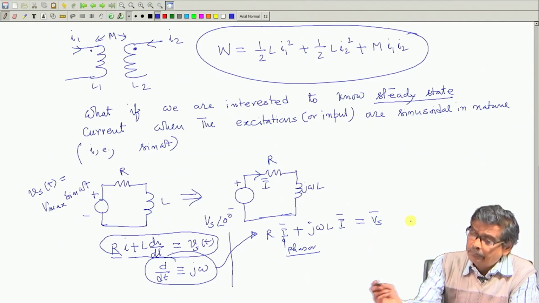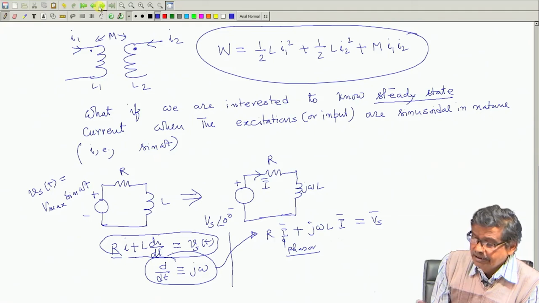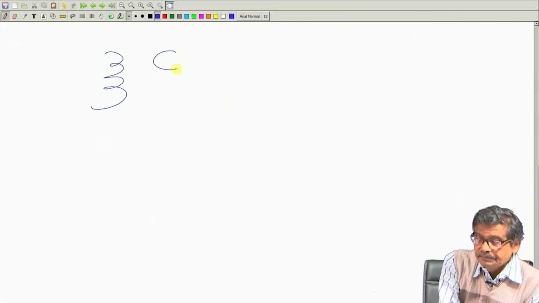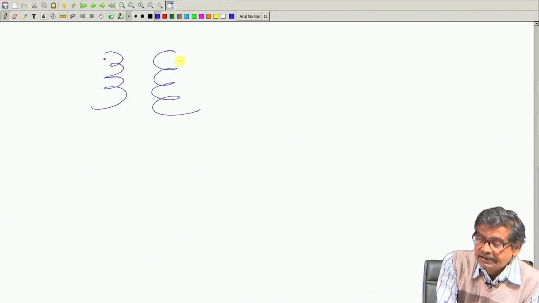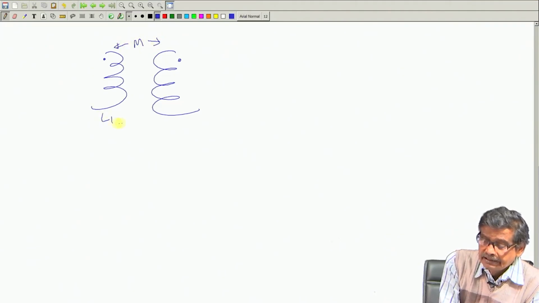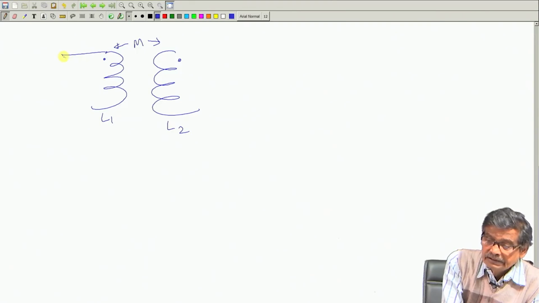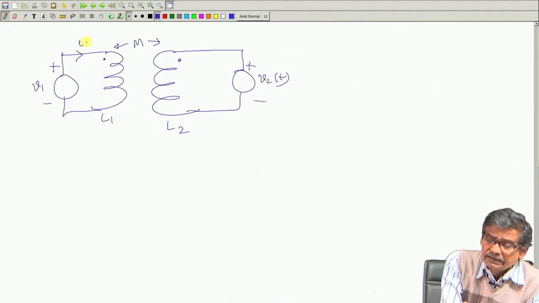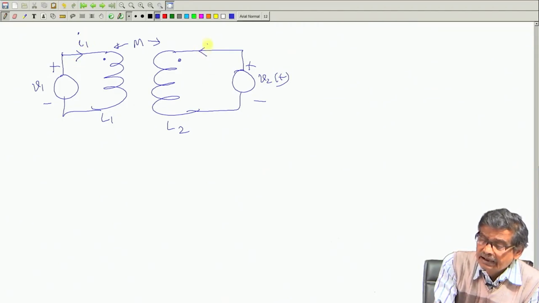Therefore, in mutually coupled coils also this can be done. Why not? Suppose you have two mutually coupled coils with mutual inductance M between them, this is L 1, this is L 2, this is V 1, this is V 2, and these are the currents I 1 t and I 2 t.